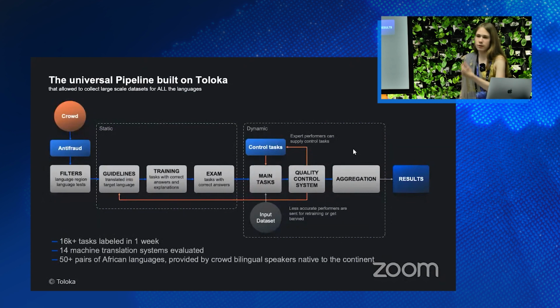And we built this pipeline which you can reuse in your solutions, if you're working with crowdsourcing or also preserving low resource languages. I don't want to take up much of your time on this pipeline, especially if you haven't worked with crowdsourcing yet. However, it will be in the slides, so you can evaluate how useful it will be for your work.